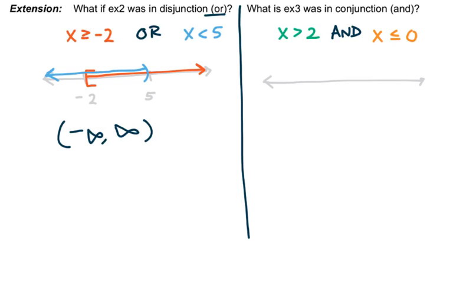Well, where is x greater than 2 and less than or equal to 0 simultaneously? So greater than 2, that means we shade to the right of 2, and less than or equal to 0, we shade to the left of 0.